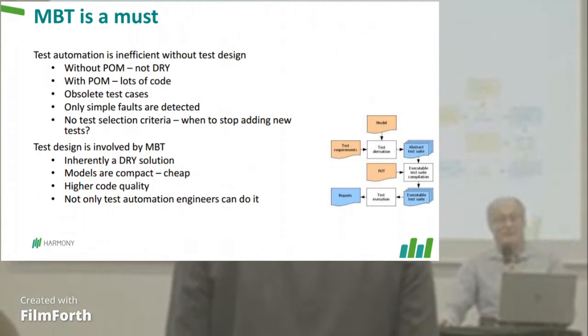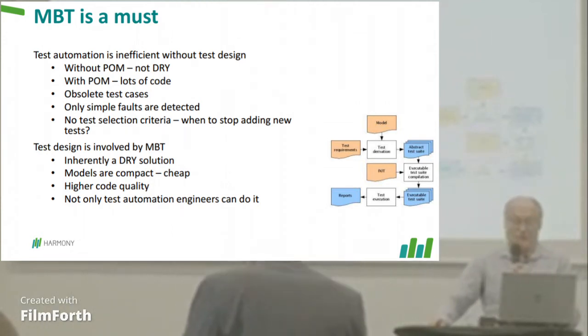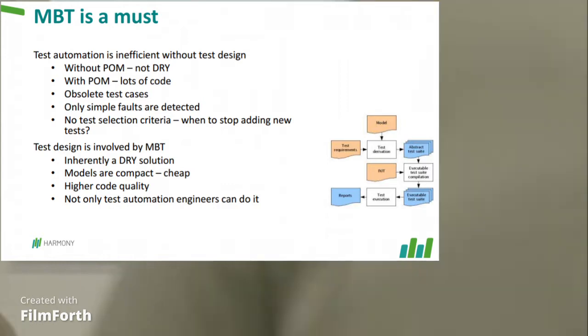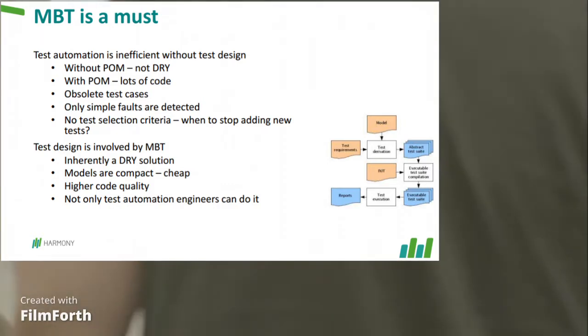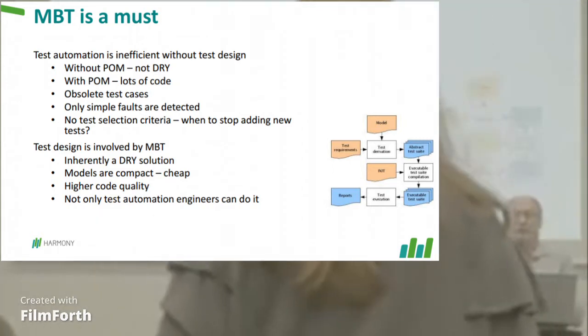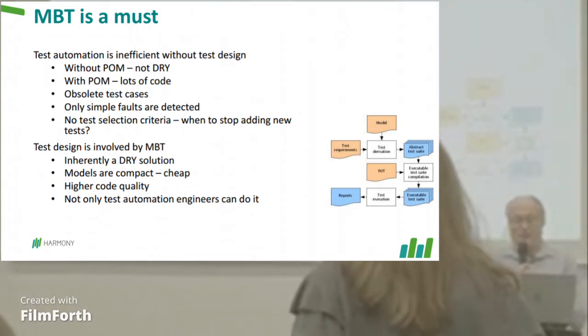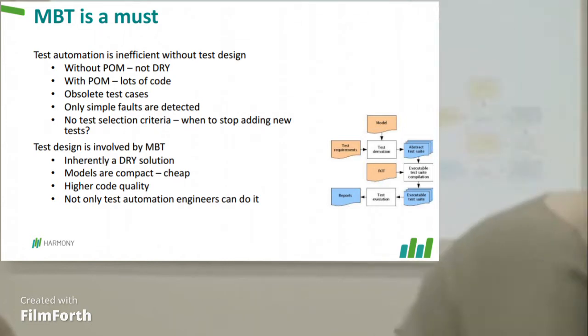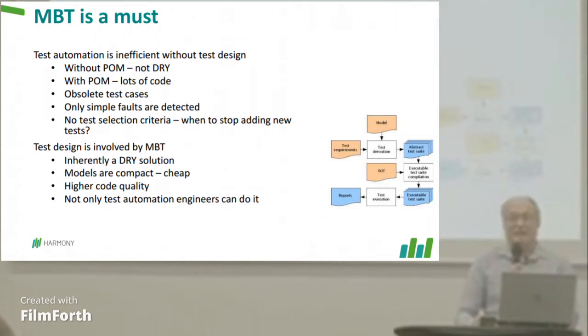And the biggest problem with simple test automation, which some people call test execution automation, is that you can find only simple bugs, because you are writing the test code one by one, and this is ad hoc testing without any test design.